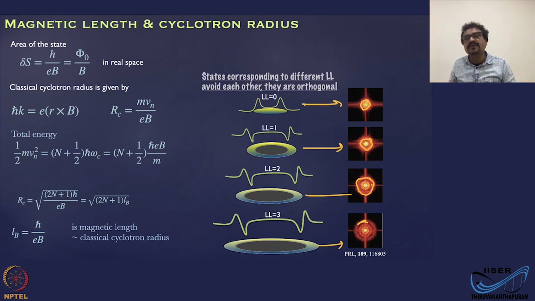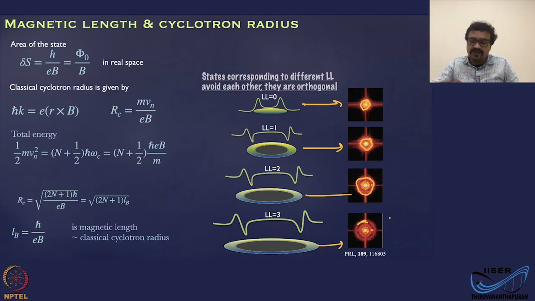You have all the 4 states here, but there is no overlap between them. These are orthogonal states that you know from the physics side, but that is also what is seen when these states are probed by tunneling microscopy technique.